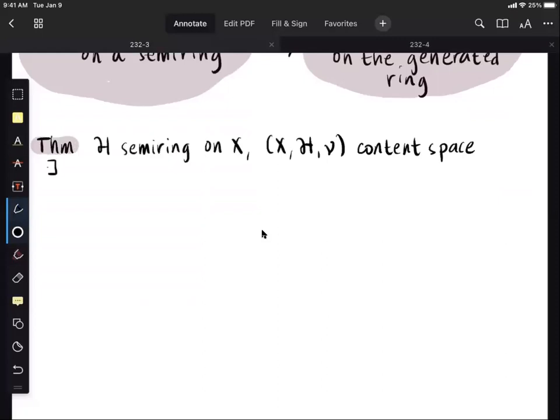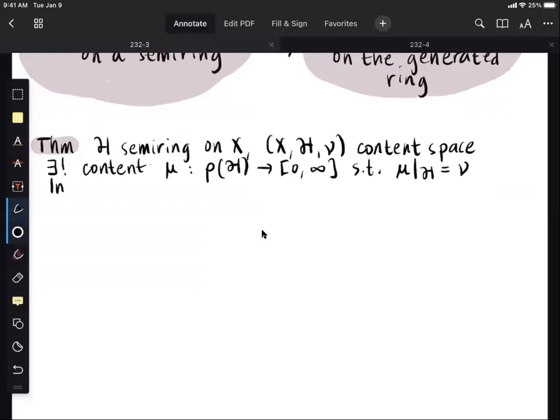Then we claim that there exists a unique content mu from the ring generated by the semi-ring, such that the restriction of this content on H is nu.